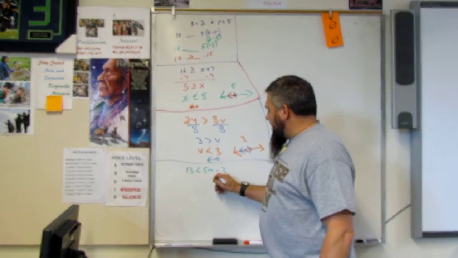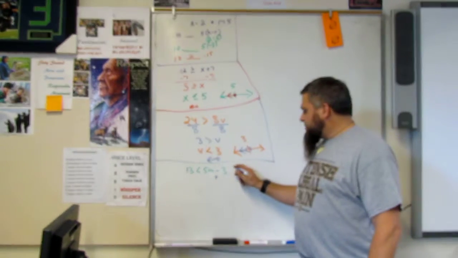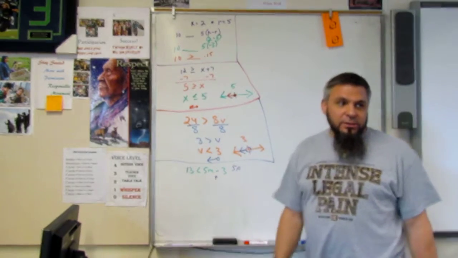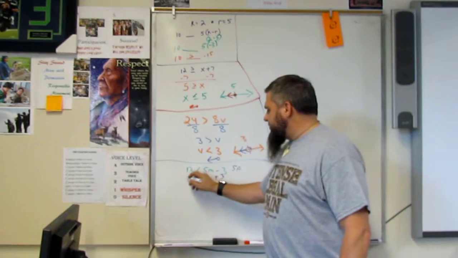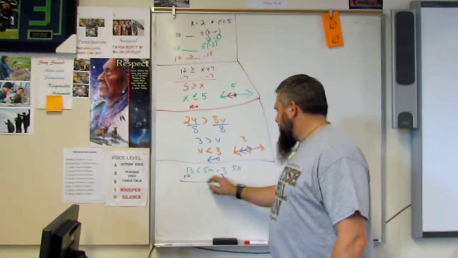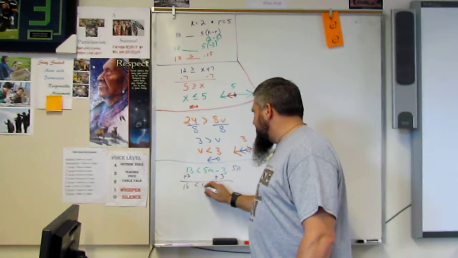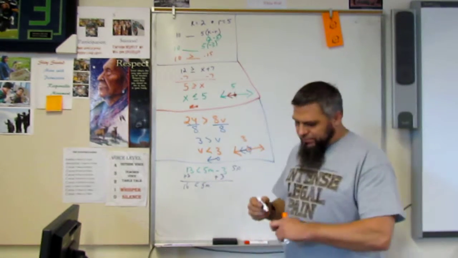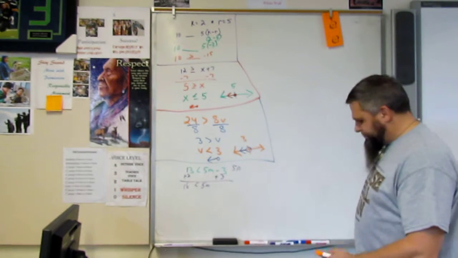Okay, so I'm going to add first. Right? Yeah. Subtraction, addition first. Okay? Then I'm going to add 3 and add 3. And so I have 16 is less than or equal to 5m. Change your color. Okay?